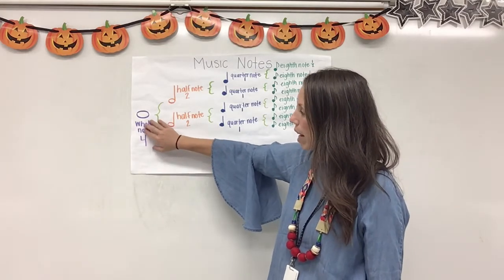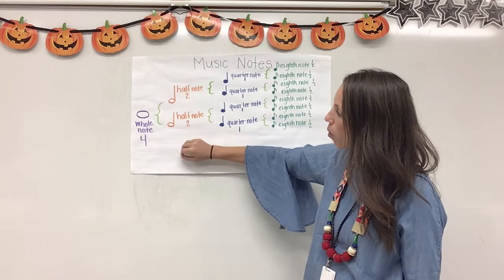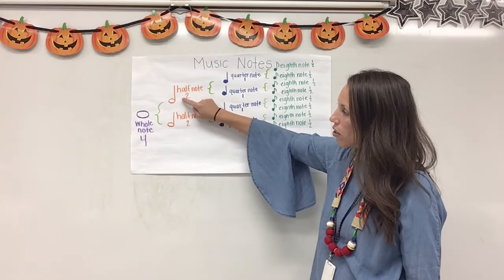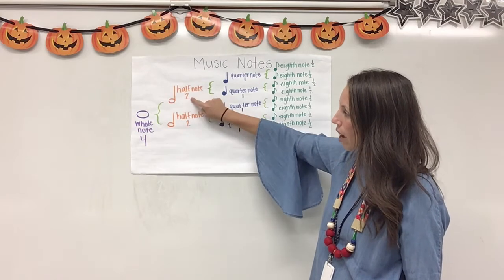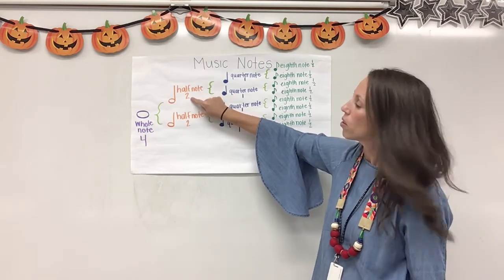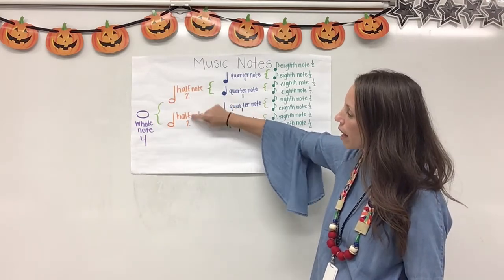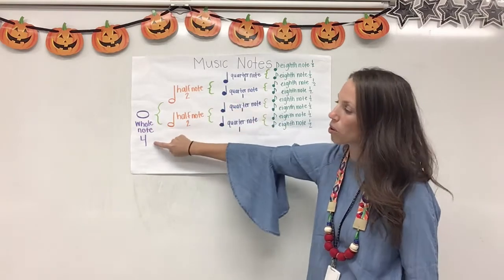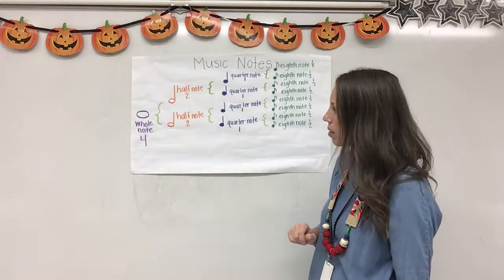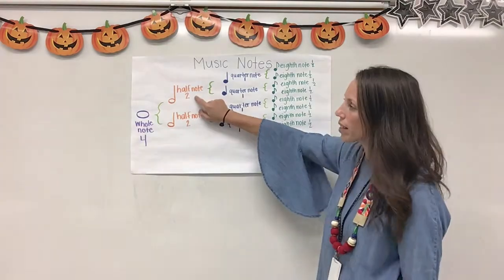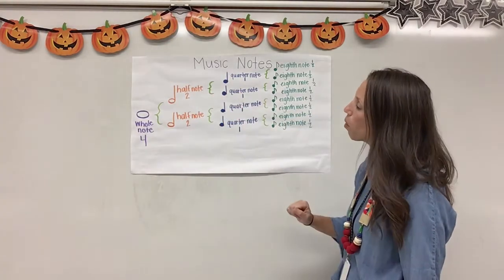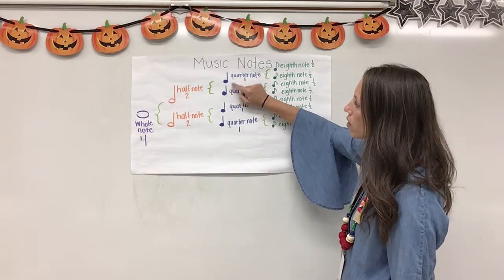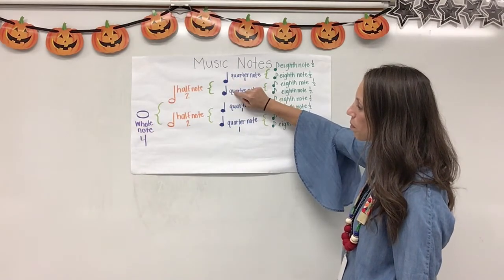But if we break down that whole note into equal parts, we get 2 half notes, and a half note gets 2 beats. So if we add 2 of them together, it equals 4 beats. Now, if we take 1 half note and break it down into equal parts, we get 2 quarter notes.